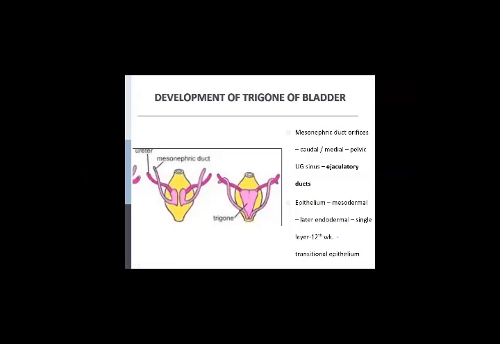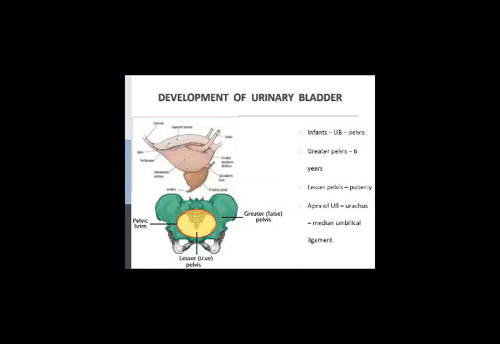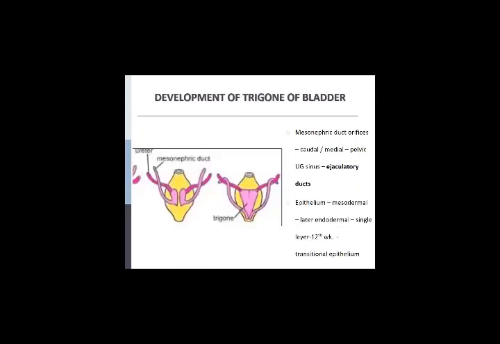Ejaculatory ducts open into the pelvic part of the urogenital sinus and develop into ejaculatory ducts in the males. In females, this part of the mesonephric duct degenerates. In males, the caudal-most part of the mesonephric duct develops into the ejaculatory duct.